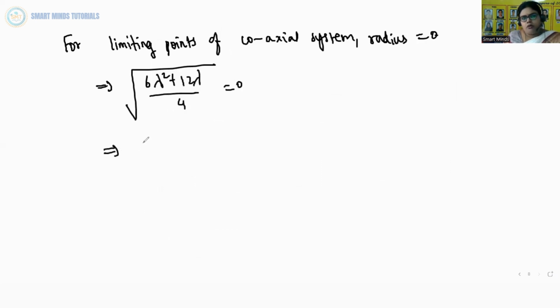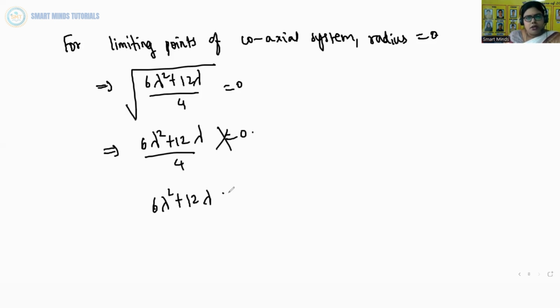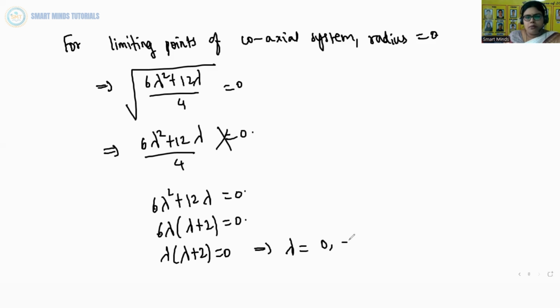So if I square on both sides, we get (6 lambda square plus 12 lambda) by 4 is equal to 0. If I cross multiply, you get 6 lambda square plus 12 lambda is equal to 0. If I take 6 lambda common, we get 6 lambda into (lambda plus 2) is equal to 0. So we get lambda value as 0 and minus 2.